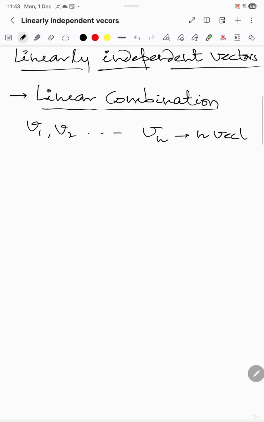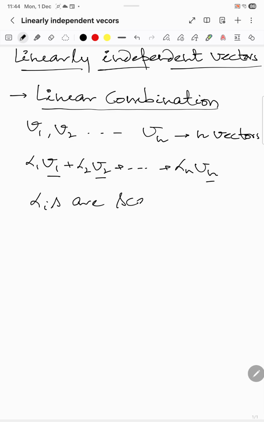If we consider this type of expression, alpha 1 v1 plus alpha 2 v2 plus ... plus alpha n vn, where v1, v2, ..., vn all are vectors, and the alpha i's are scalars, this type of expression is known as the linear combination of vectors.